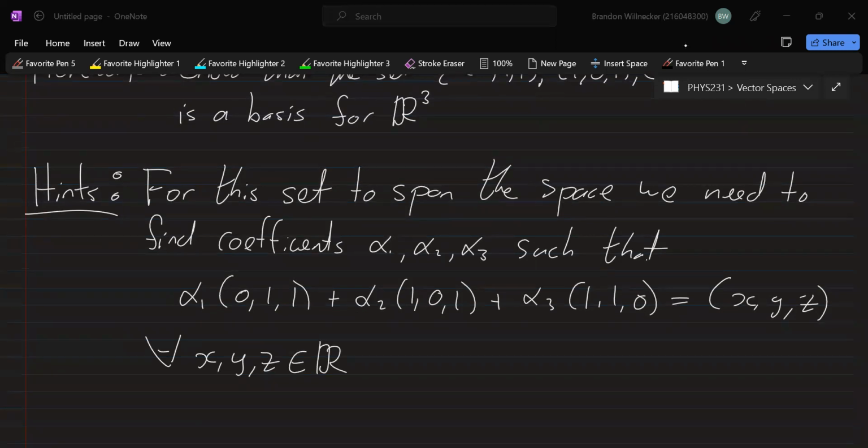In other words, we need to find particular coefficients, alpha 1, alpha 2, alpha 3, such that we can reach any vector in R3 by this linear combination.